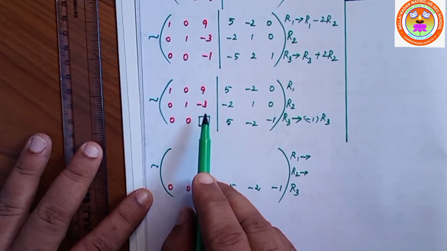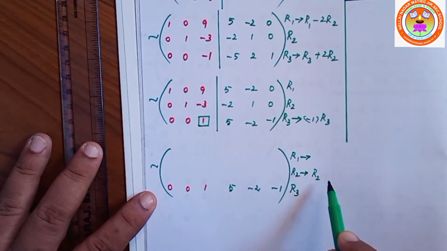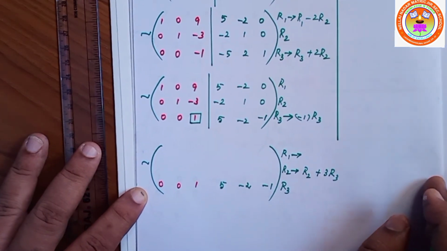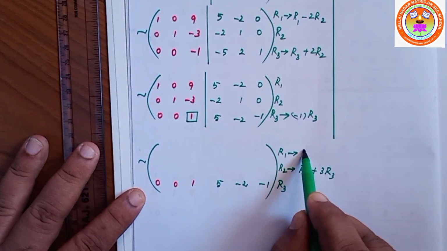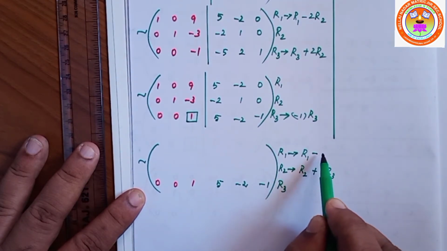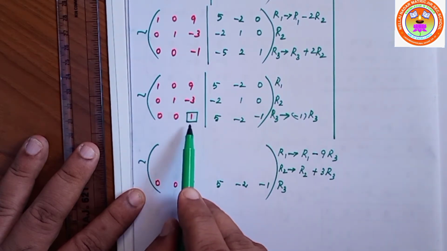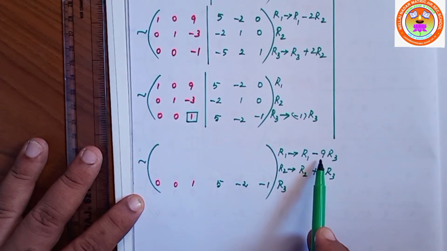Here we have minus 3, it has to be 0, so R2 plus 3 R3. Here we have 9, so R1 minus 9 R3, multiplying by minus 9.